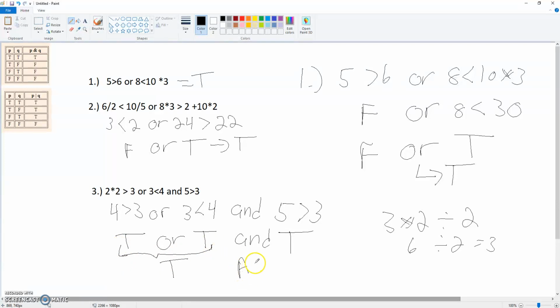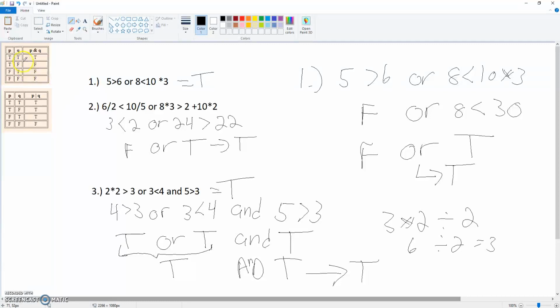So we have true and true. True and true yields true. So that means this whole thing equals true. Okay, there's some book work for this, but hopefully this made sense and you're able to make out my handwriting here. I'm writing on a tablet, so it's a little tricky, but it seems pretty good.